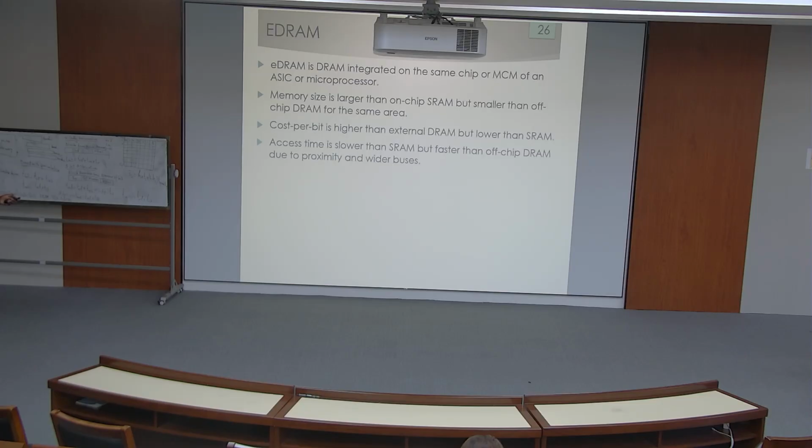How about the access time? The access time for this type of memory, the embedded DRAM, is higher than the static RAM, but faster than the off-chip DRAM due to the proximity and wide buses. So this is the EDRAM.